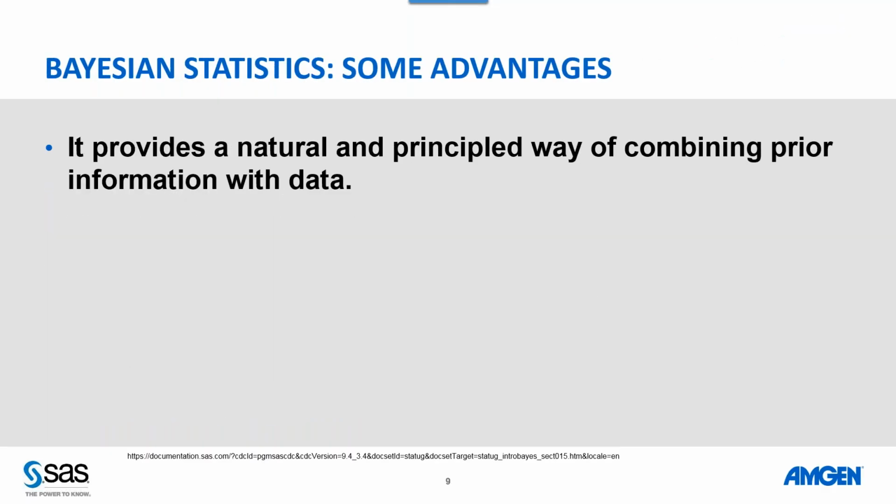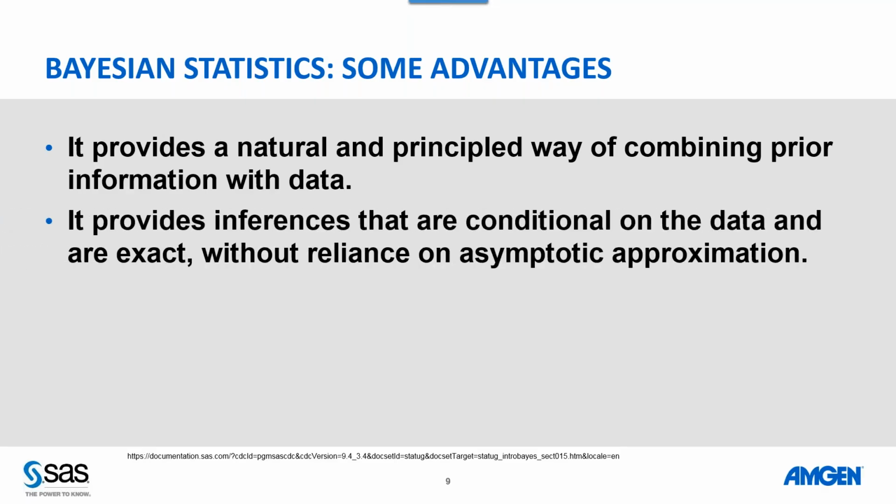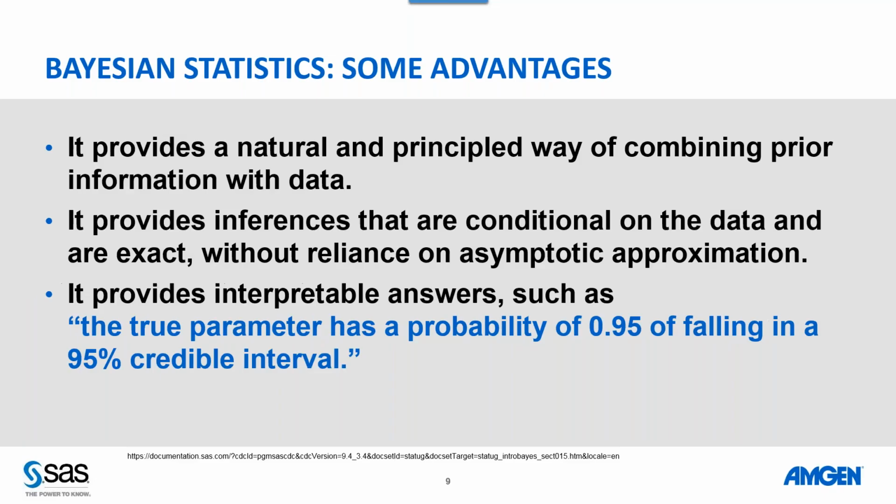We talked about some of the advantages and disadvantages, and it's obvious: the whole point of Bayesian techniques is to use the prior information. And one of the most important things for me is that you can really interpret the results.